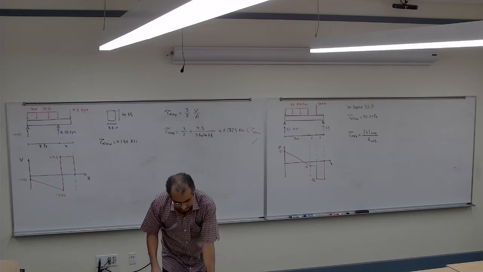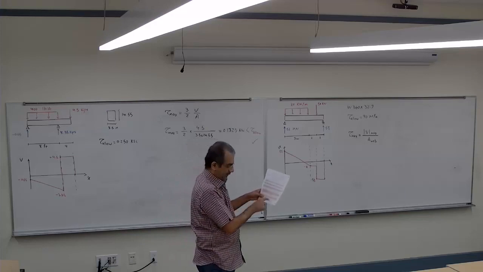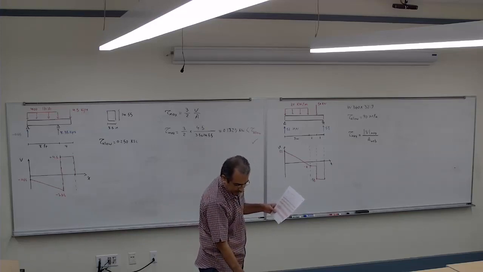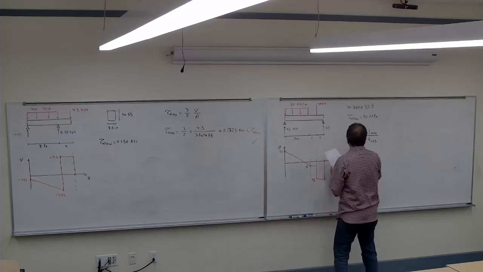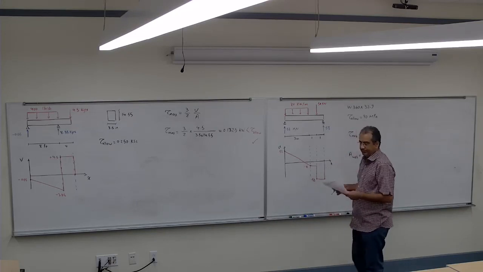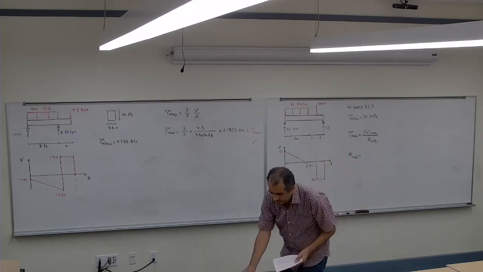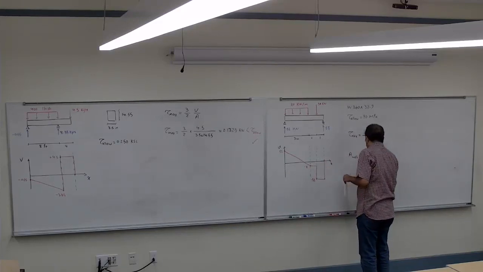The area of the web is going to be D times T of the web.